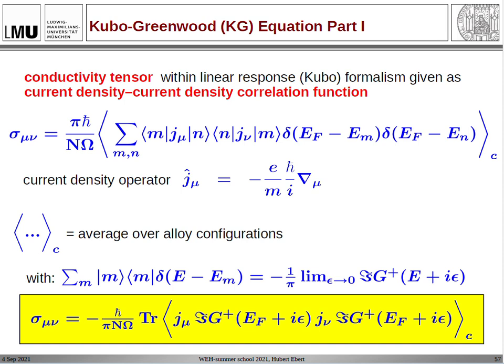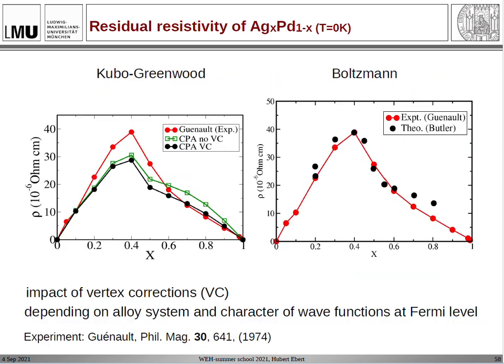And now this is once more his first result. And now here I show our own results that we get on the basis of the Kubo formalism compared with the experiment. You see we are obviously a little bit off compared to him, but I have no problems with that, because it's always better to be below experimental data concerning resistivity, because we still have mechanisms missing in our calculation.